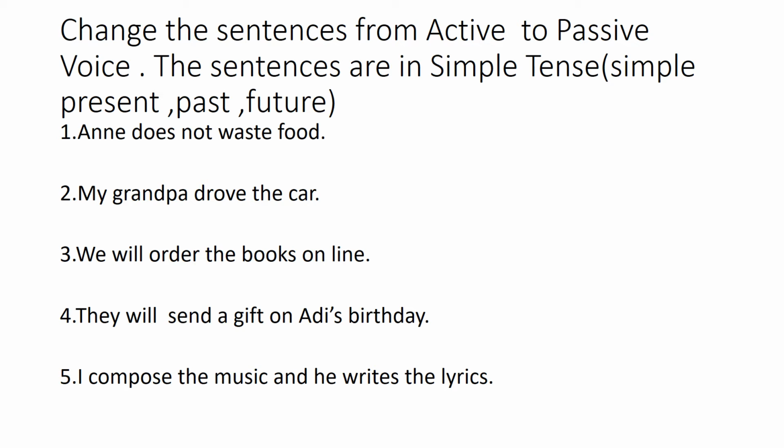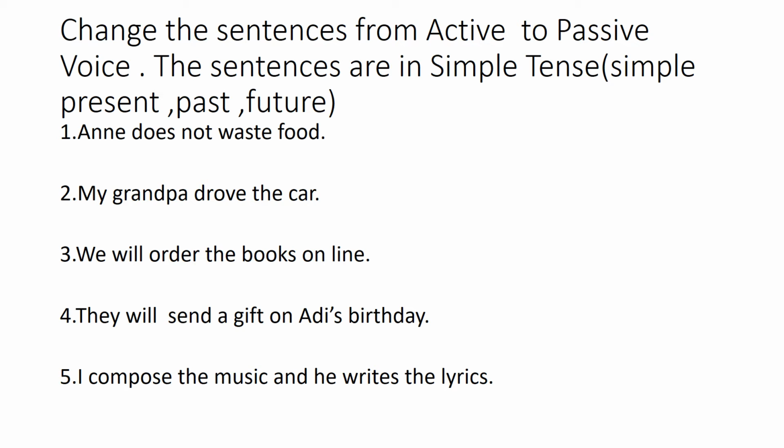Third example, we will order the books online. Subject is we, books, object. When we write passive voice, we have to change object to subject and subject to object. Will order is a verb. It is in simple future tense.